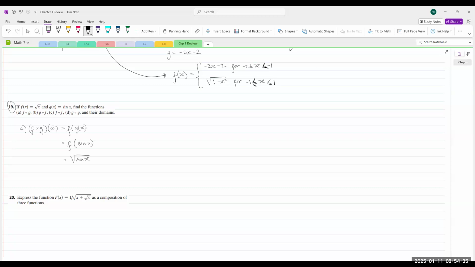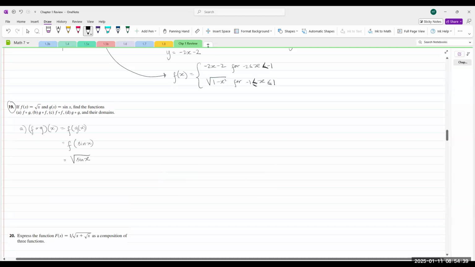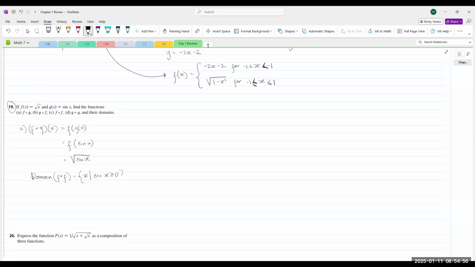Find their domains. What is the domain here? Well, the domain is when sine x is positive, right? The domain is all the x's where sine x is non-negative. But when will sine x be non-negative?